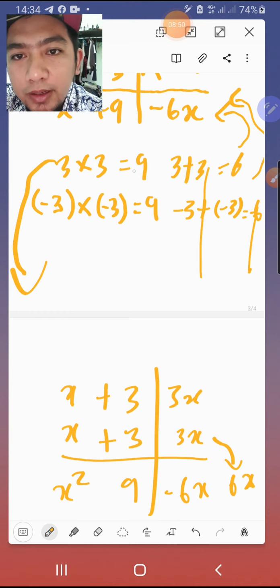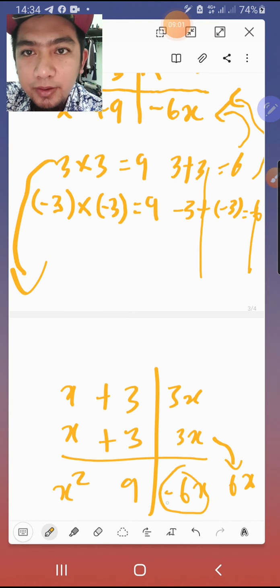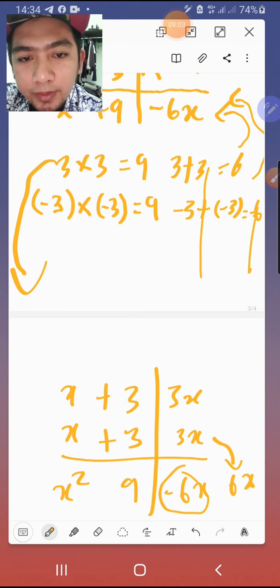That's why we don't take 3 times 3. We have to take negative 3 times negative 3 so that we get that negative 6x. Okay, so this is easy, right?